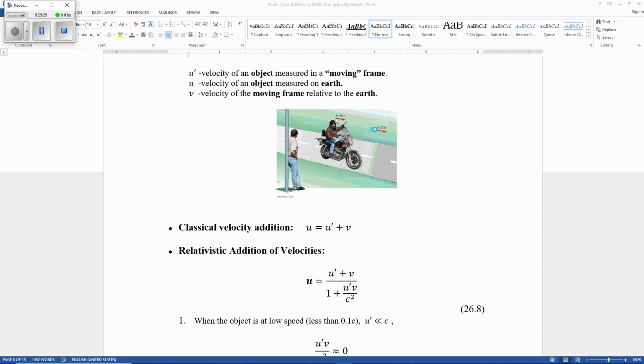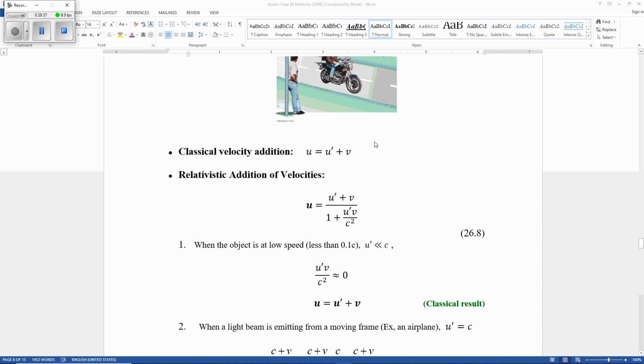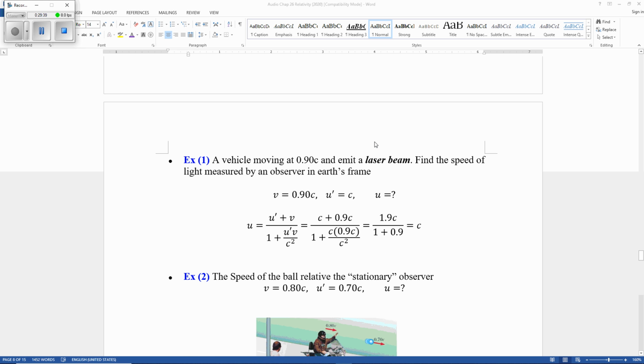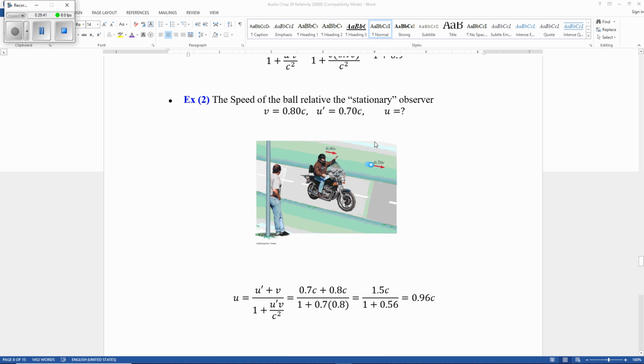Does that give you 0.8 plus 0.7, 1.5c? You know that's impossible, but what is it going to be? We are going to calculate the speed of the baseball relative to the stationary observer on the Earth's surface.